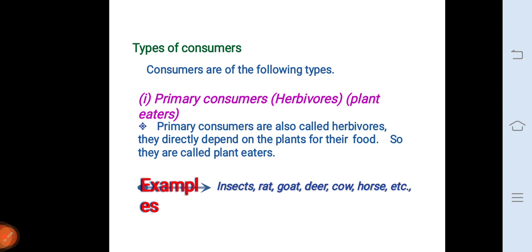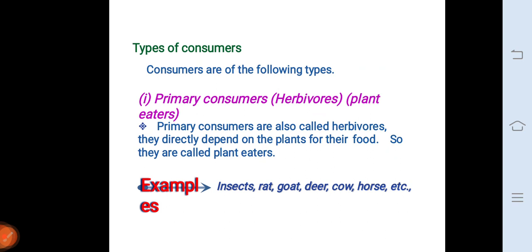Now the meanings of herbivores, carnivores and omnivores. Herbivores are the animals that eat only plants. Simply, they are called vegetarian. The second one is carnivores. Carnivores are also animals but they eat other animals.